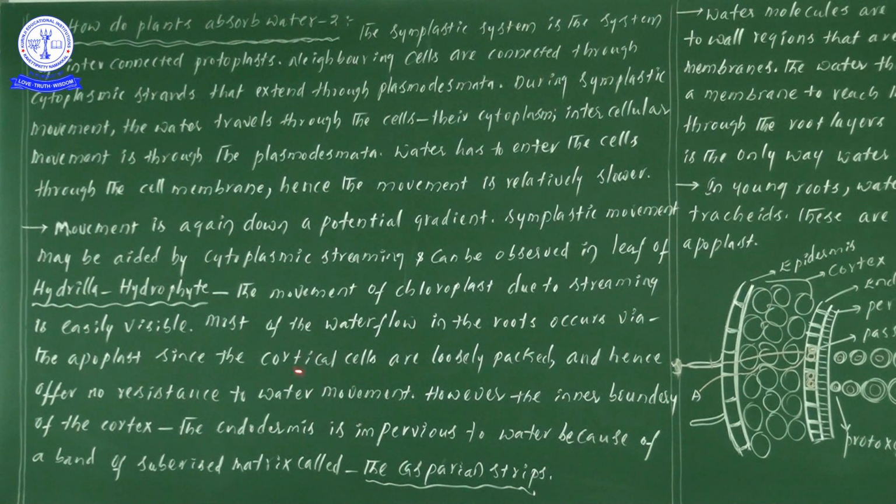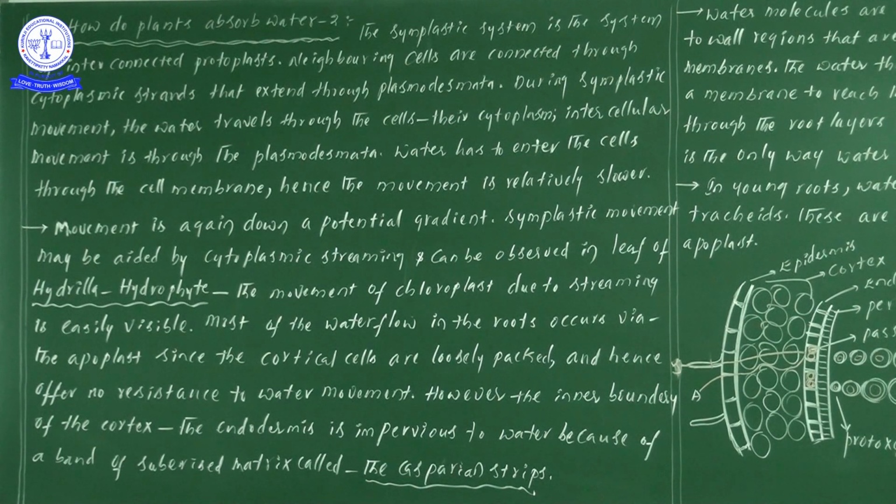Now these cortical cells are loosely packed. When they are loosely packed, what can we understand? Large intercellular spaces are present.